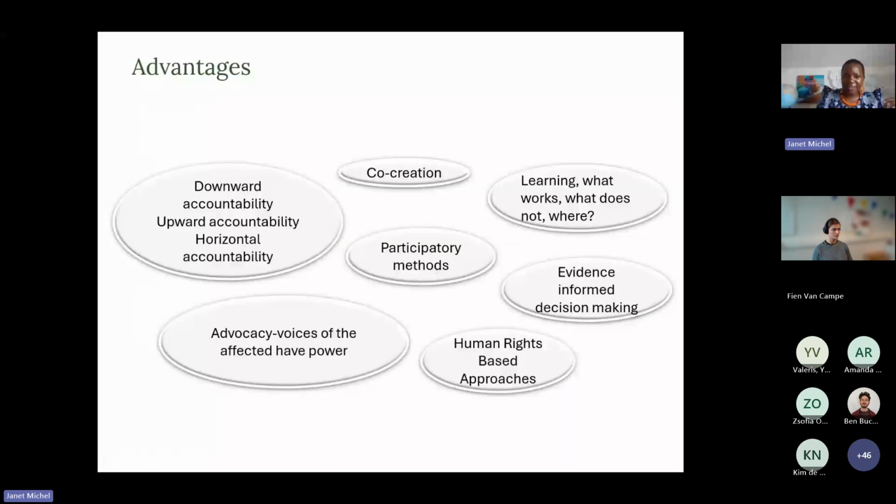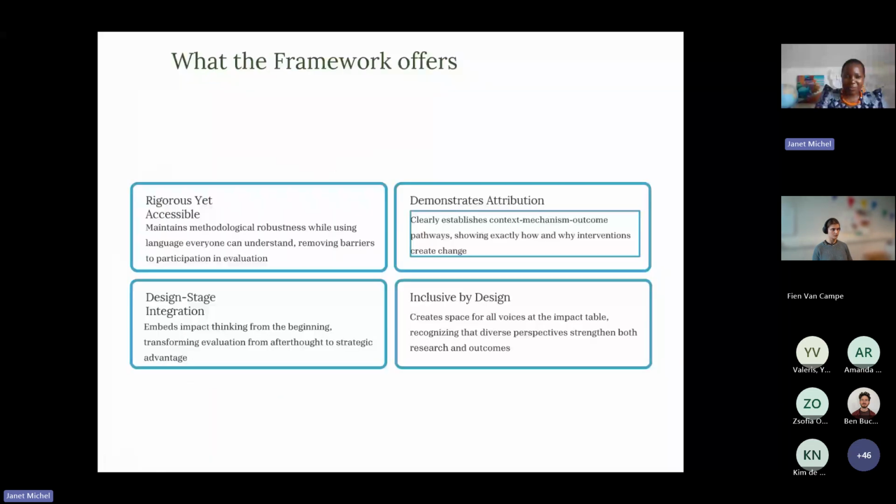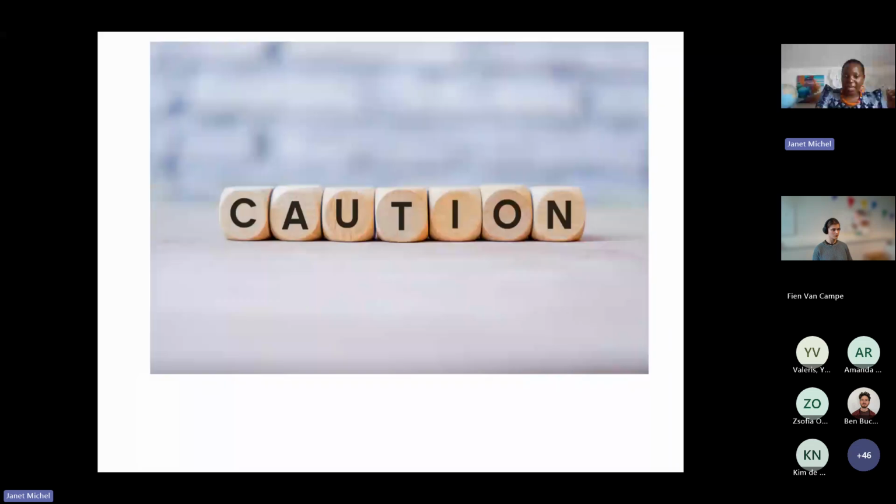It's good for downward accountability, upward accountability, advocacy, learning what works, what doesn't, and co-creation. And the target groups are everyone. So the framework is rigorous yet accessible and demonstrates attribution or contribution and inclusive by design. And it creates room for everyone at the table.